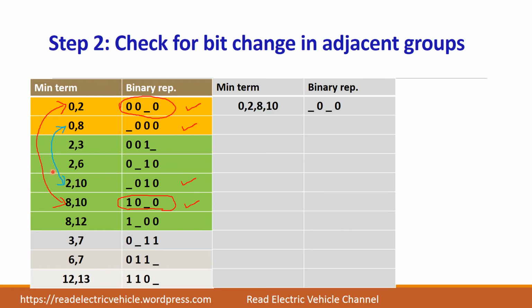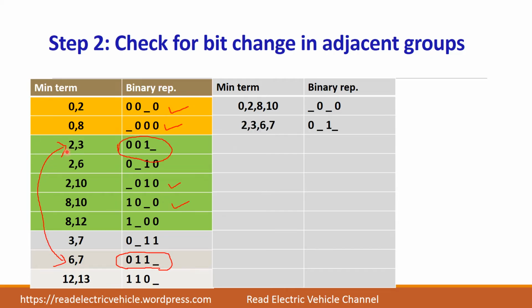Next we are going to compare this second group with the third group. This 2 3 you see here, in the last bit we have a dash, so you check for a dash in the last bit. So check for 1 bit change in 2 3 6 7, 1 bit change is possible, so you mark it here 2 3 6 7 and write the corresponding binary equivalent.